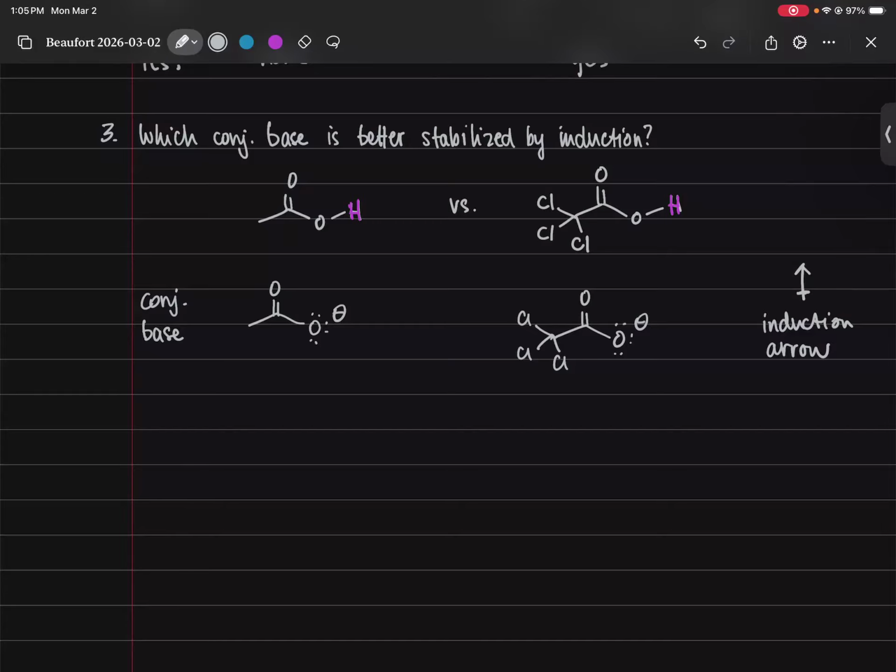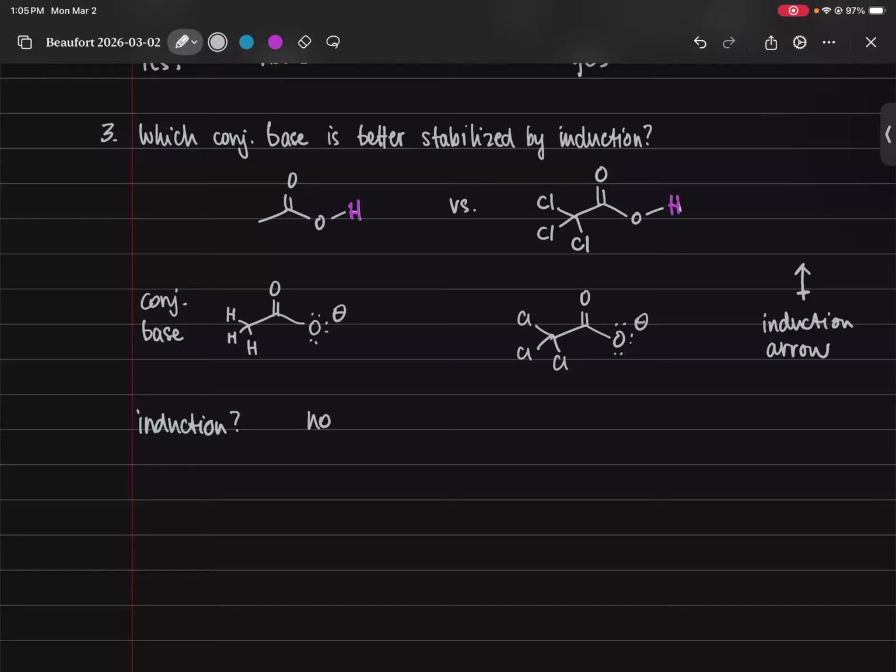In some ways, it's kind of like resonance, but not exactly, because it's essentially spreading the negative charge out over a slightly larger area. So let's see, induction. We don't have any very electronegative atoms here, and these are just hydrogens. Hydrogens are not particularly electronegative. Typically, we're going to look for halogens.